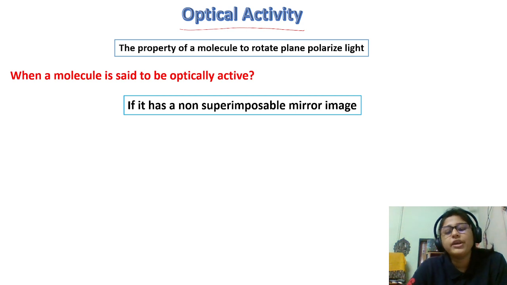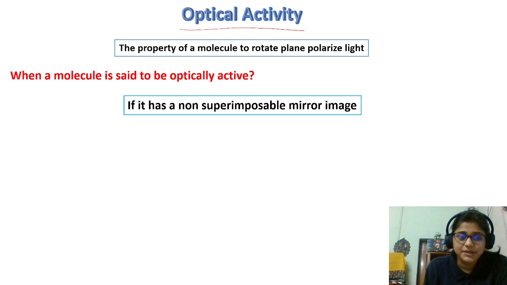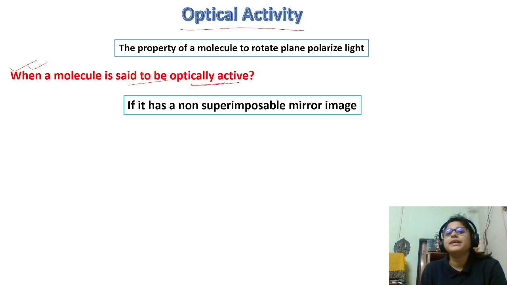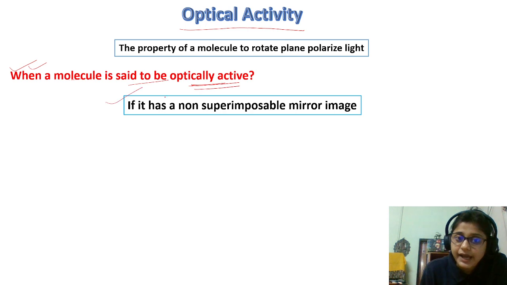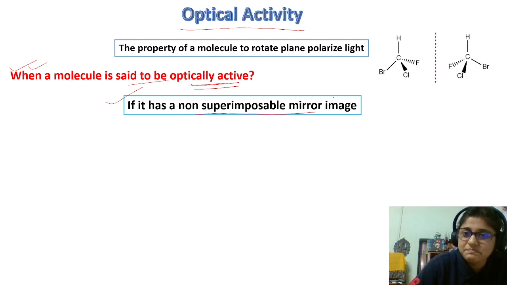When a molecule is said to be optically active, this is important because this is not just a description. This is actually the thing which will be needed for the question solving. When will we call a molecule optically active? If it has a non-superimposable mirror image. What does it mean? Let's say this organic molecule I have taken.